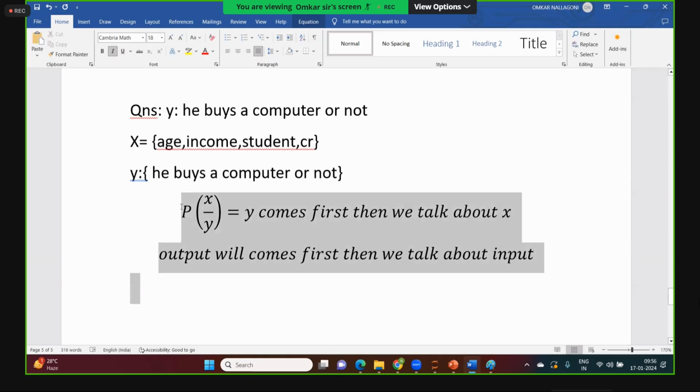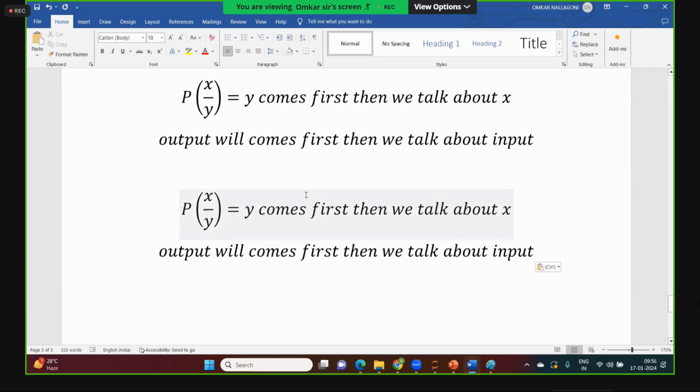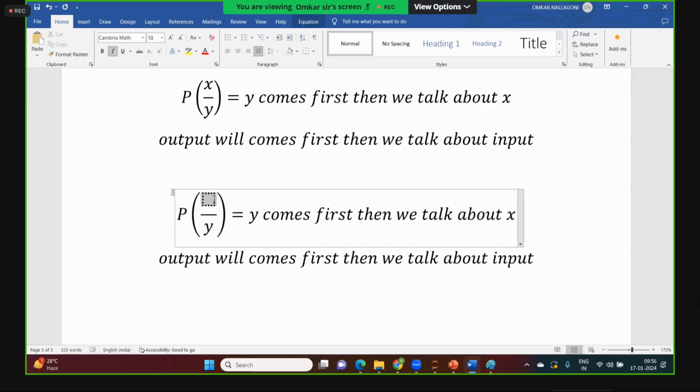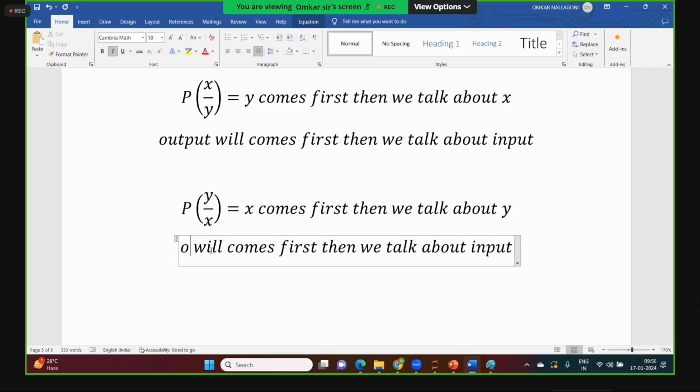Similarly, P of Y by X. So X comes first, and then we talk about Y. That means the input will come first, and we talk about the output.